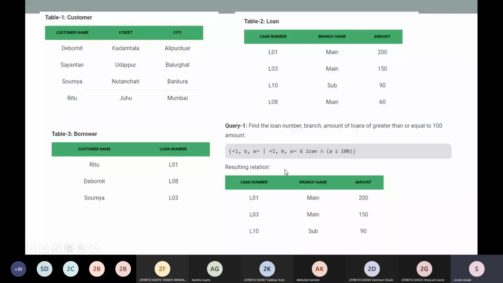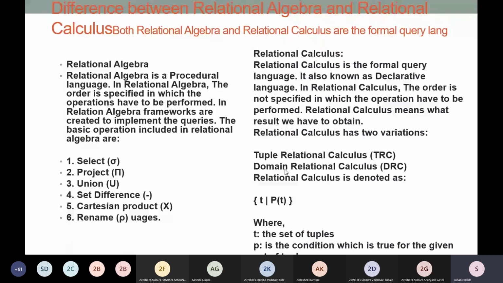Now the next one is the difference between relational algebra and relational calculus. Relational algebra is the procedural query language and relational calculus is the non-procedural one. In relational algebra, the order is specified in which the operations have to be performed.